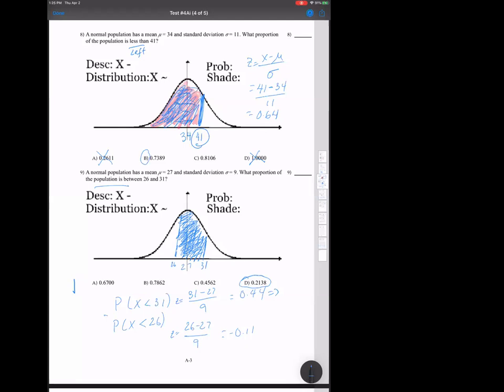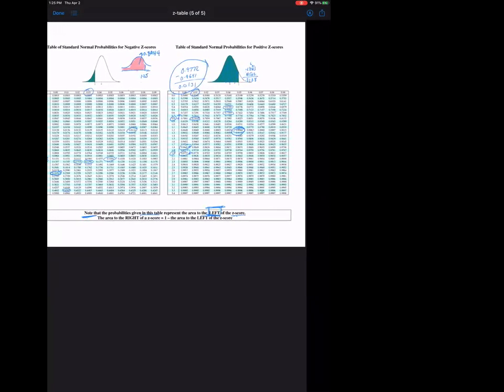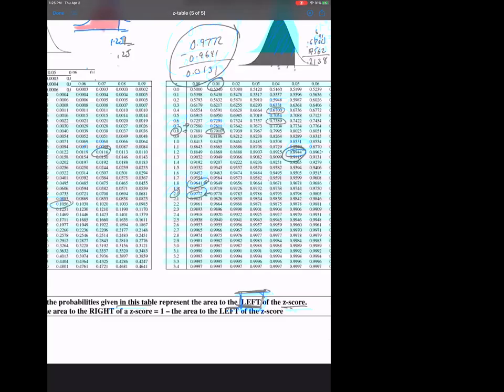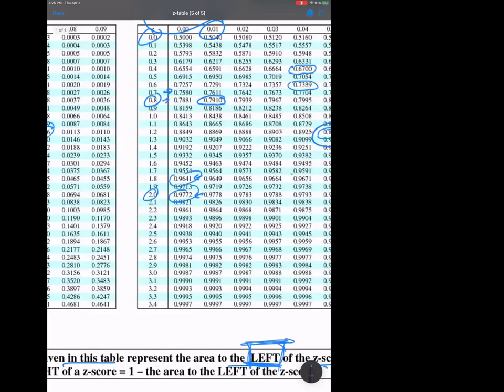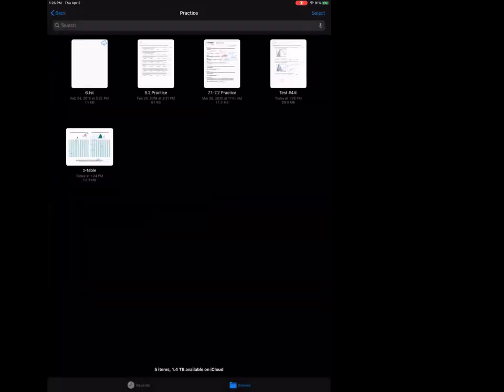The problem we have is that if I look in the Z table, I won't find 41 anywhere. I see 0, I see all the way down to 3.4, but I don't see any 41. The problem is the 41 has not been standardized.